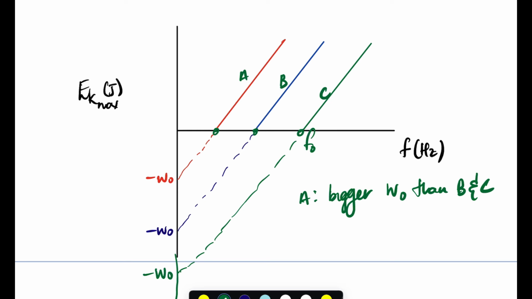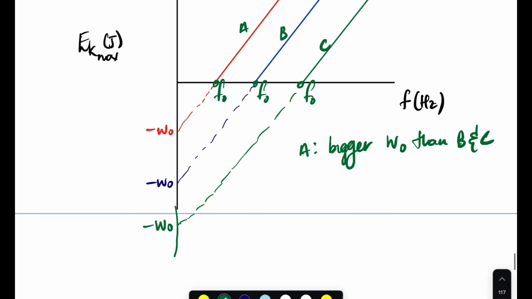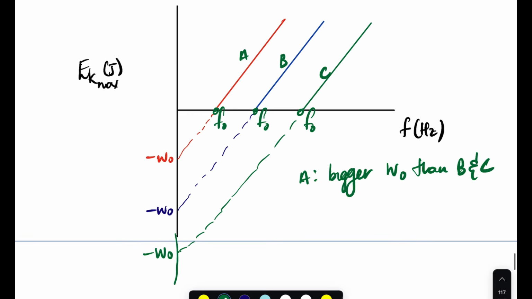This is the threshold frequency for that metal, and the threshold frequency for that metal. I hope that makes sense, guys.